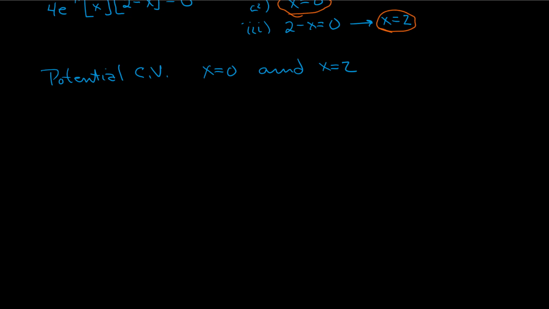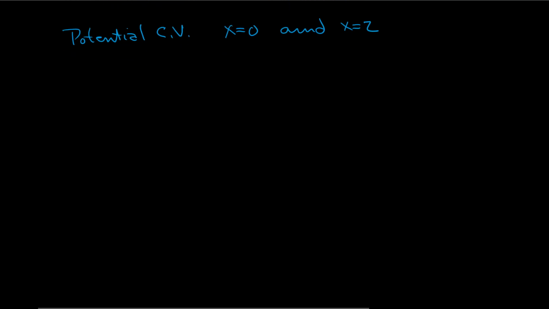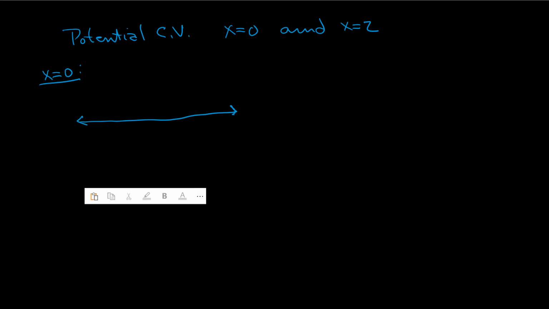Okay, so we have those 2. Now, we're going to need to do the first derivative test on each of these potential critical values. I'm going to work on them one at a time, so it's a little bit easier to keep track of what's going on. First, let's take a look at x equals 0. So what I'm going to do here is sketch out a graph. Here's the value I'm interested in, x equals 0.